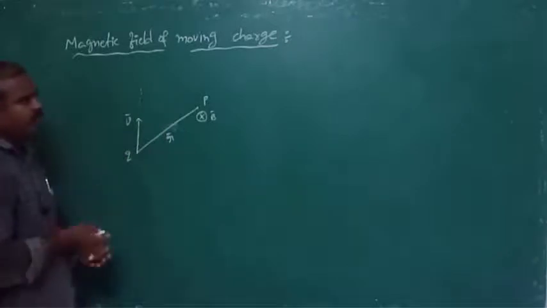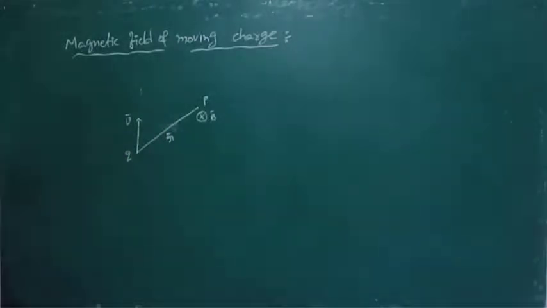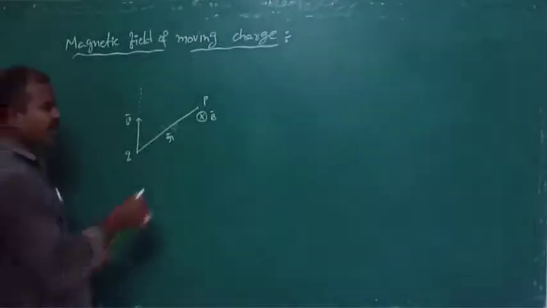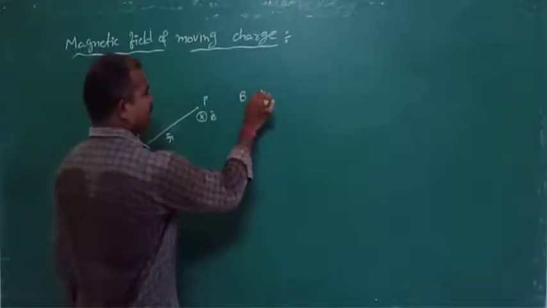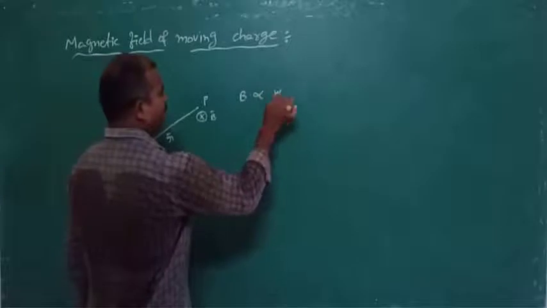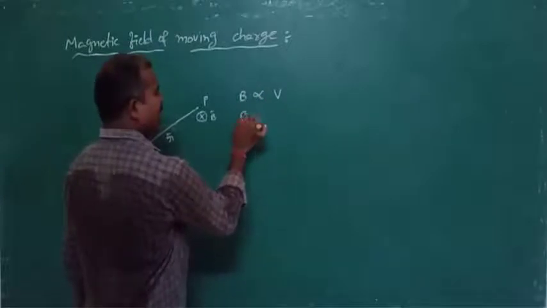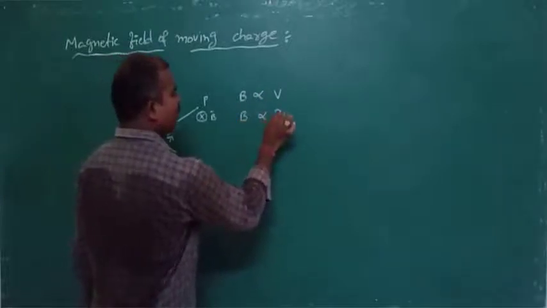So, some factors affect the magnetic field due to a moving charge. The magnitude of the magnetic field B is directly proportional to v. B is directly proportional to the charge q.